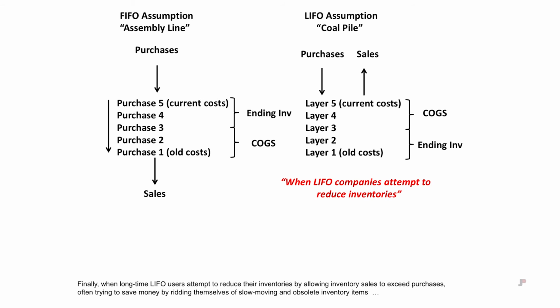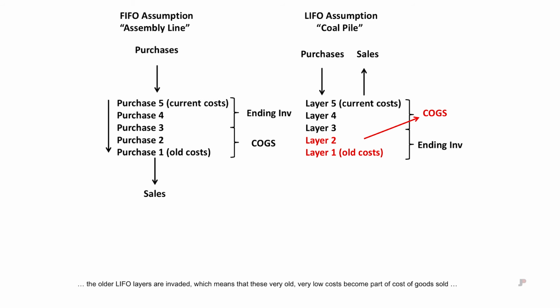Finally, when long-term LIFO users attempt to reduce their inventories by allowing inventory sales to exceed purchases, often trying to save money by ridding themselves of slow-moving and obsolete inventory items, the older LIFO layers are invaded, which means that these very old, very low costs become part of cost of goods sold, which in turn can increase net income by large amounts.